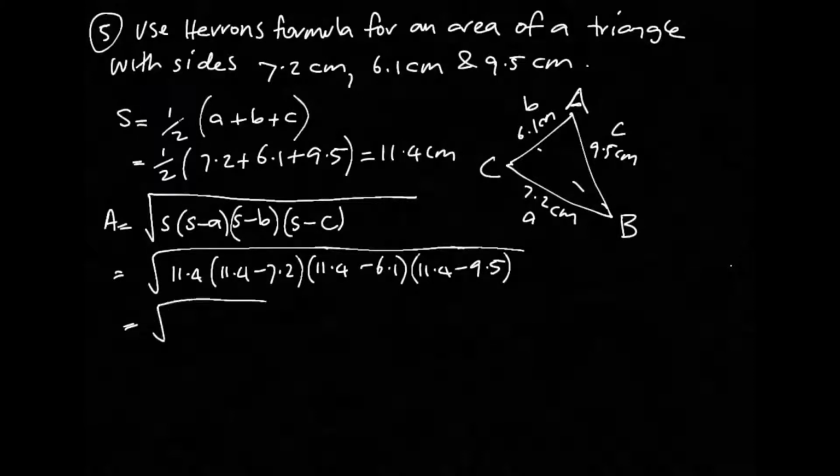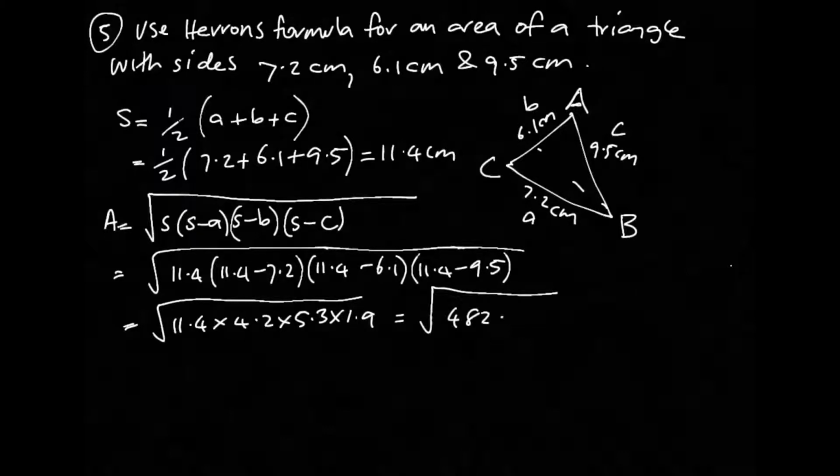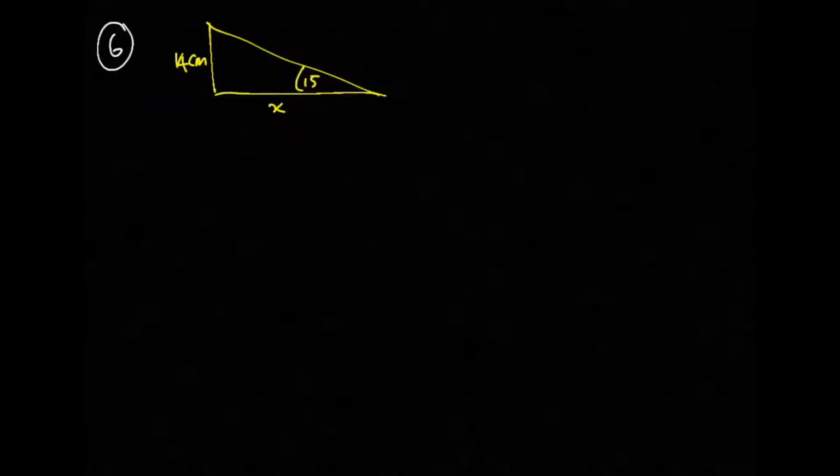That equals the square root of 11.4 times 4.2 times 5.3 times 1.9, equals the square root of 482.1516. And finally, area equals, let's just say, 21.96 centimeters squared.